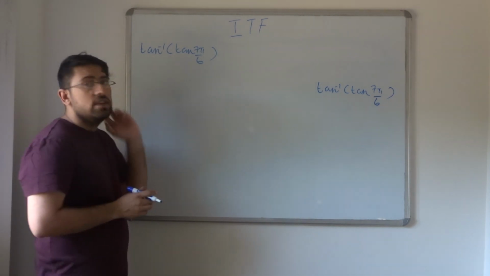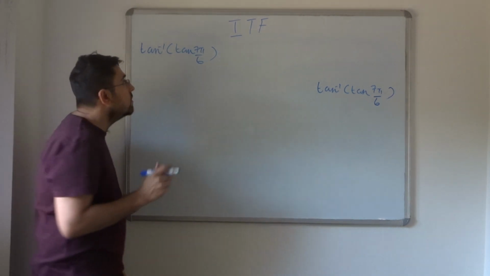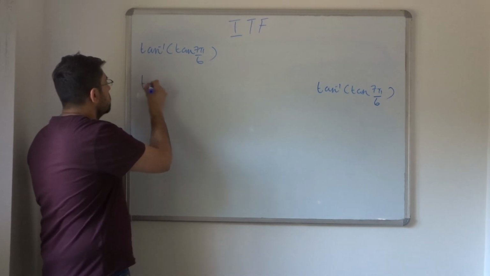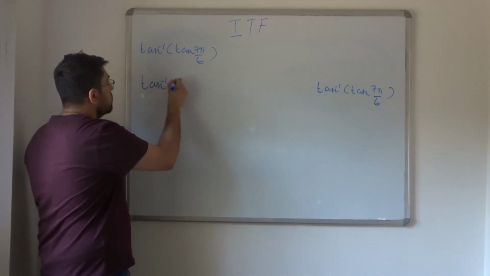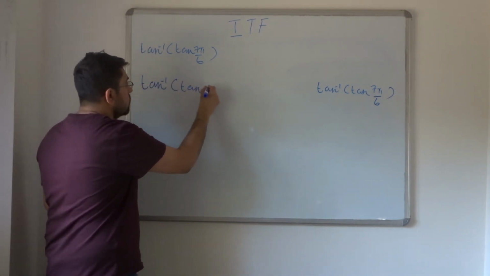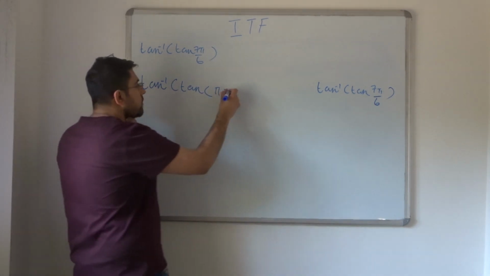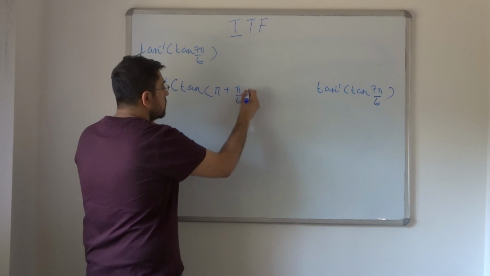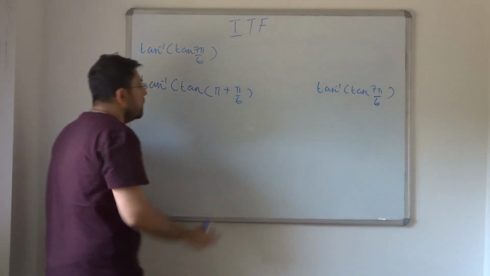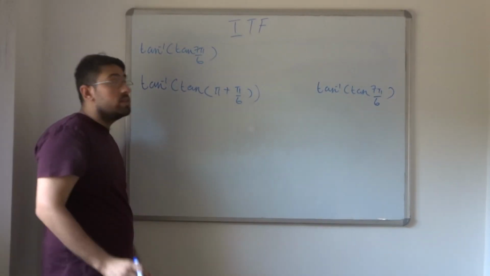So how will we write this in radians? Pi, which is 180. This is 30, isn't it? So that's what I said.